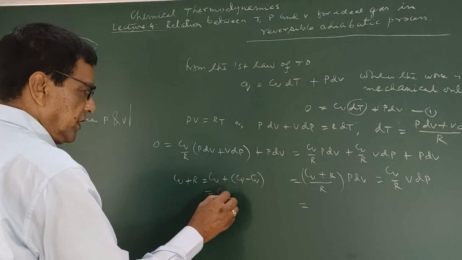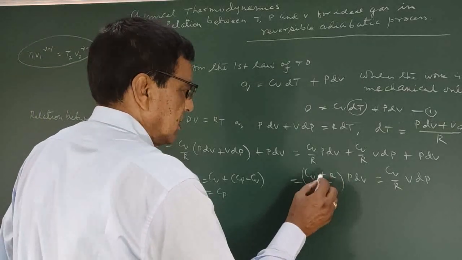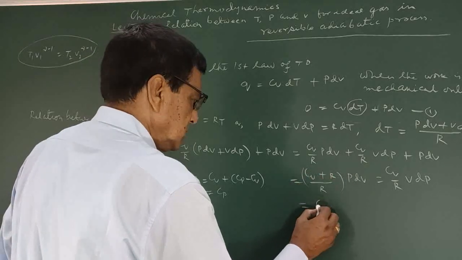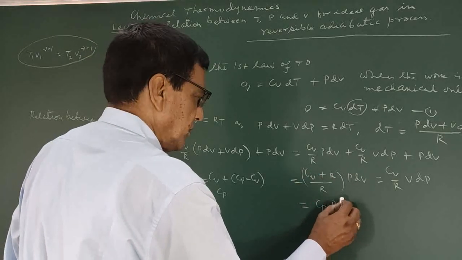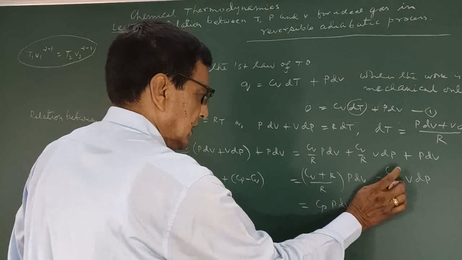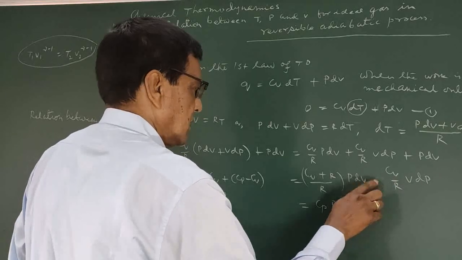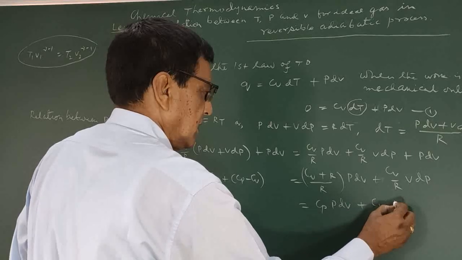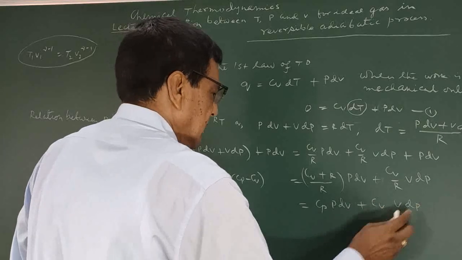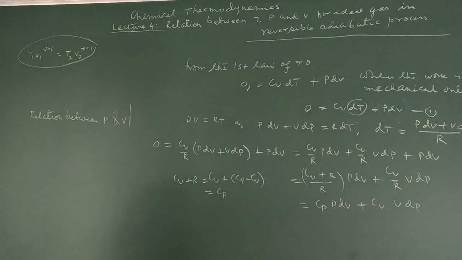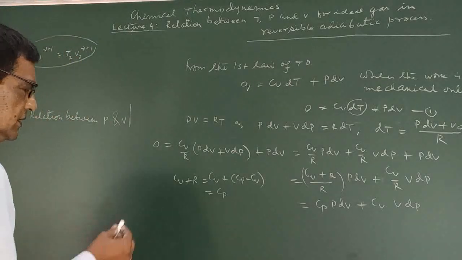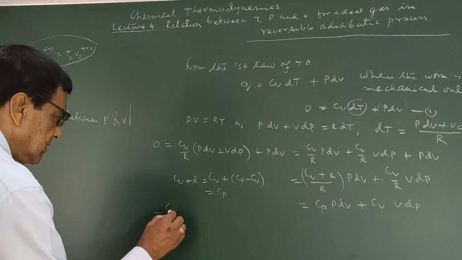So this term R cancels, and so CP PdV plus CV VdP equal to 0.